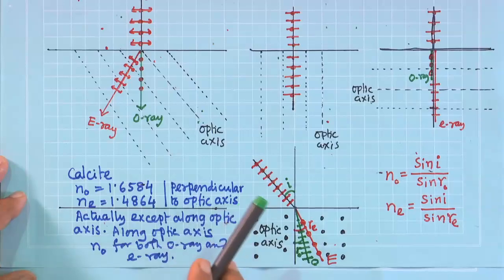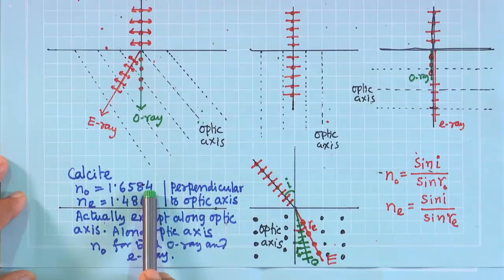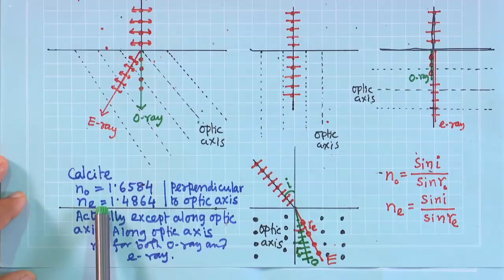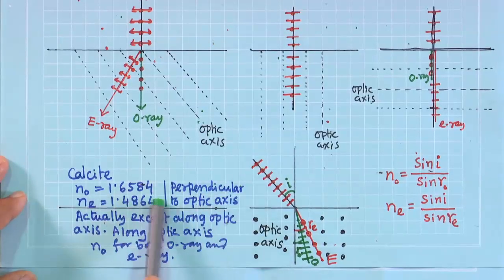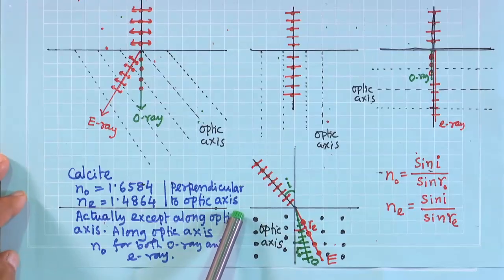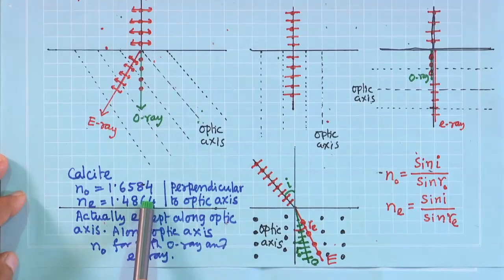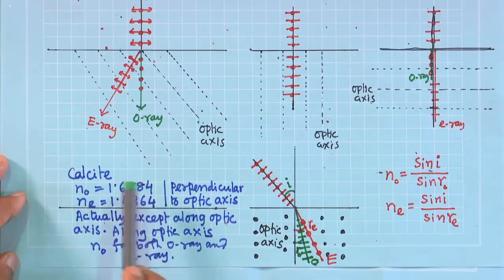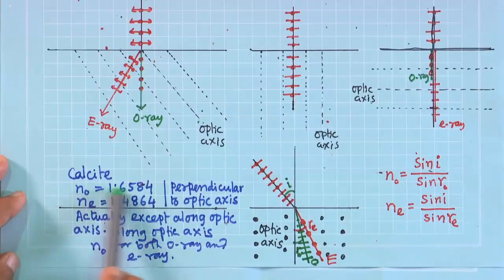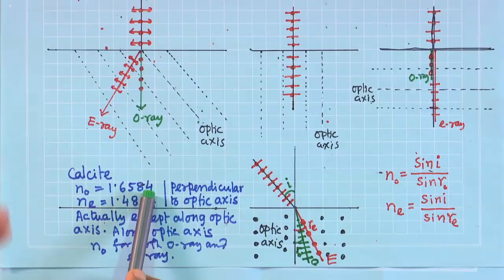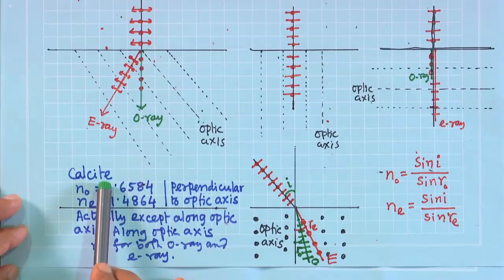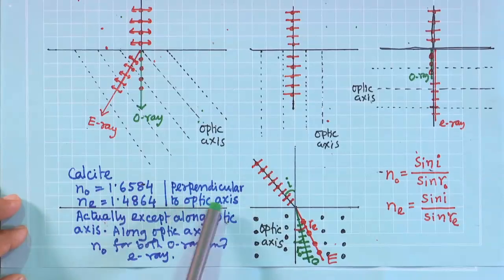So, the velocity of the O ray is less than the velocity of the E ray perpendicular to the optics axis. Along the optics axis, obviously both are the same, with the value being that of the O ray, but in the perpendicular direction they are different.